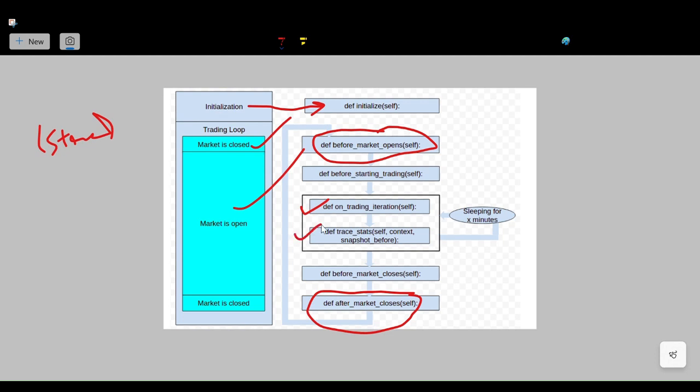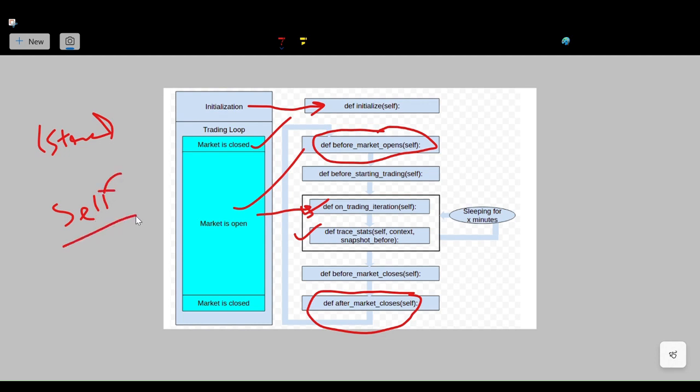In trading iteration, this is where the main trading logic is used. When the market opens, this will get executed in the loop, and after each iteration, the strategy will sleep for a function called self.sleeptime, in minutes. I'm unable to write this, but understand through my words.